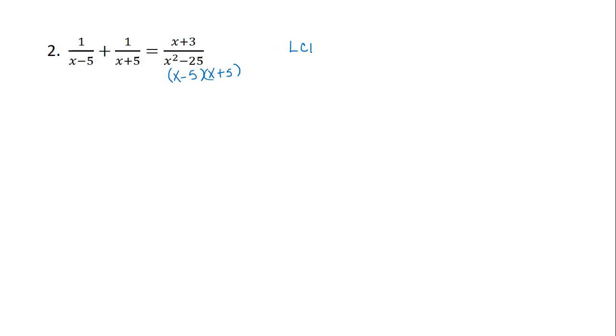The least common denominator then is the product x minus 5 times x plus 5. The restricted values come from where those expressions in the denominator are 0, so that is where x minus 5 is equal to 0 or x plus 5 is equal to 0. And that gives us x is equal to 5 or negative 5. So those are our restricted values. x cannot be plus or minus 5.